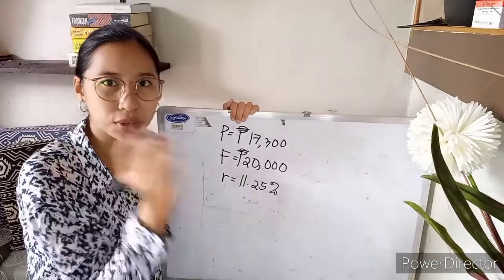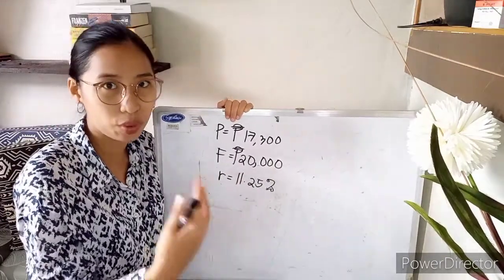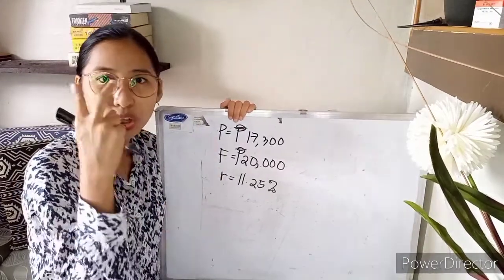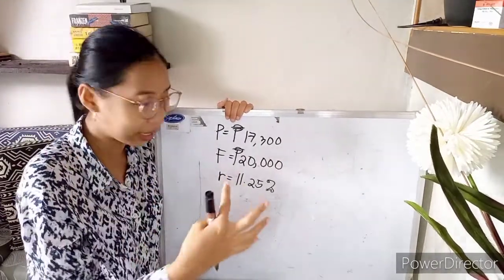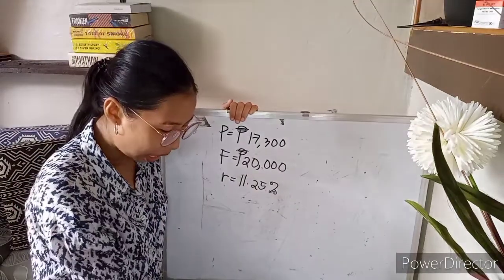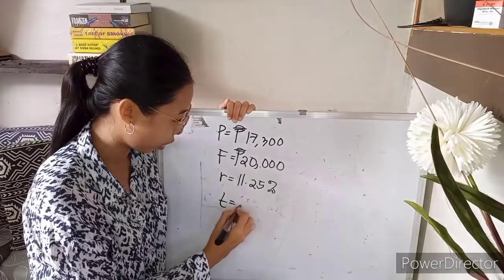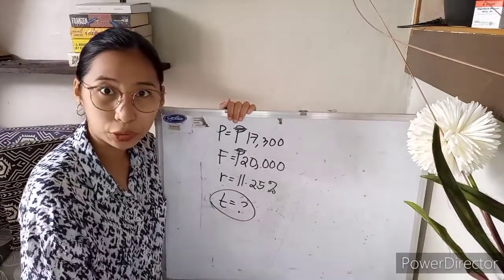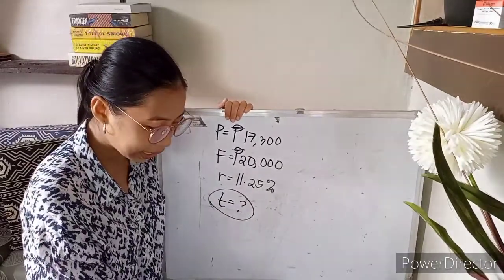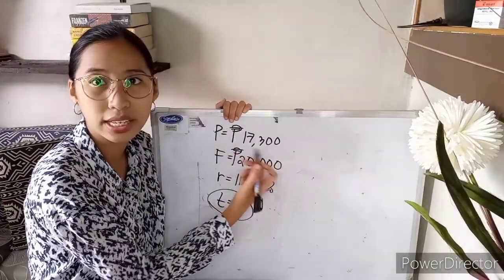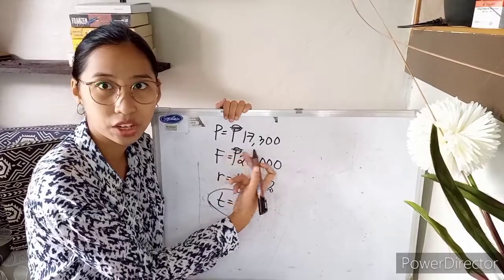So, in mathematics, you can use many formulas to arrive with the answer. Okay, remember that. So, for this problem, you're going to use 2 formulas. But before that, let's read the problem again. How long in years? How long ang pangutana? That means our question mark is time. Atong ipangita. Okay? Will it take for 17,300? So, ato ang original na kwarta is 17,300 pesos.